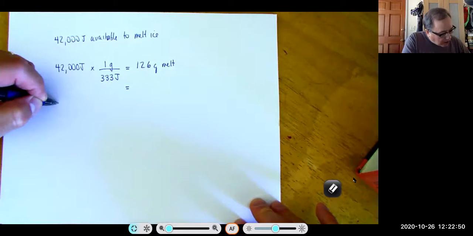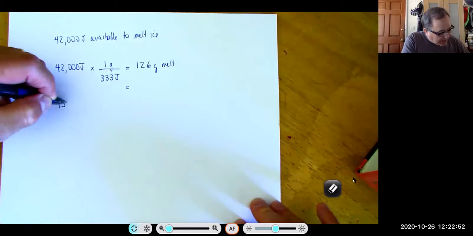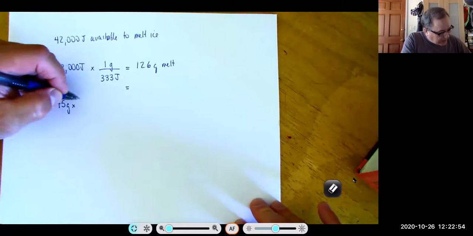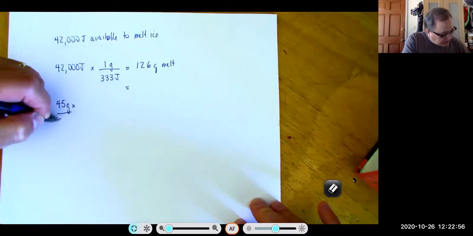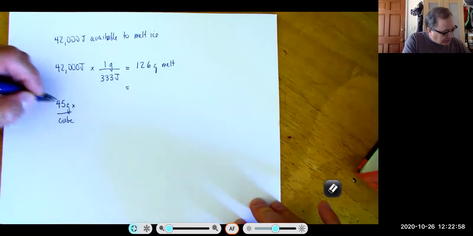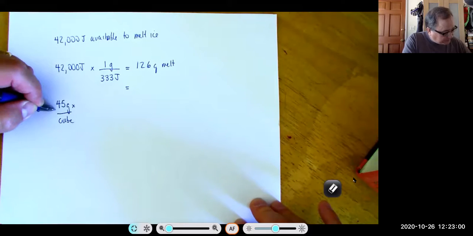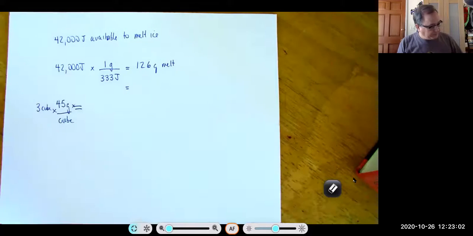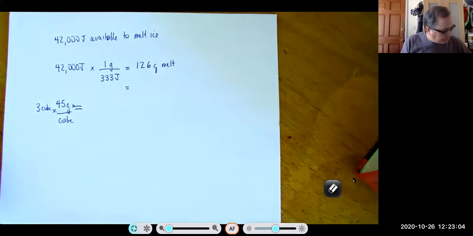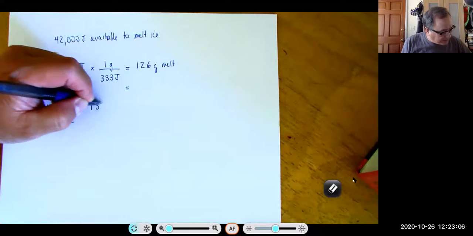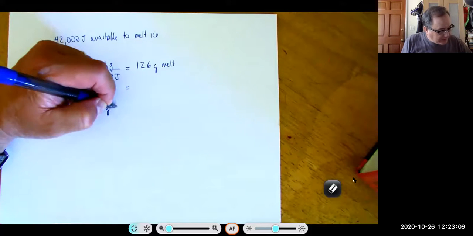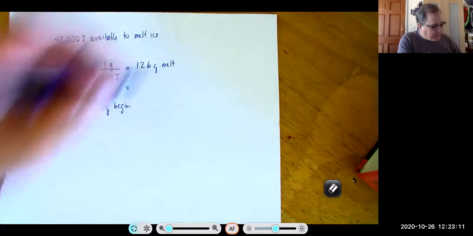Now, we start off with 45 grams per cube times 3 cubes, which is 135 grams to begin with, and 126 melt.